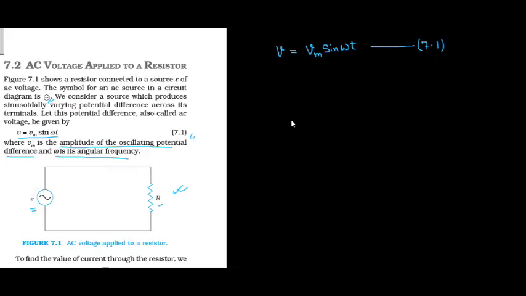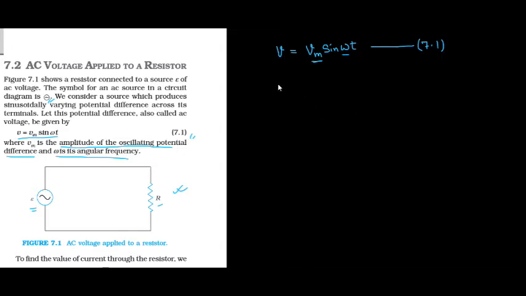From where did this equation come? Remember, AC current always follows the sine curve and it is in simple harmonic motion, so this equation is written as simple harmonic motion, where Vm is the amplitude of the oscillating potential difference, and omega is the angular frequency.